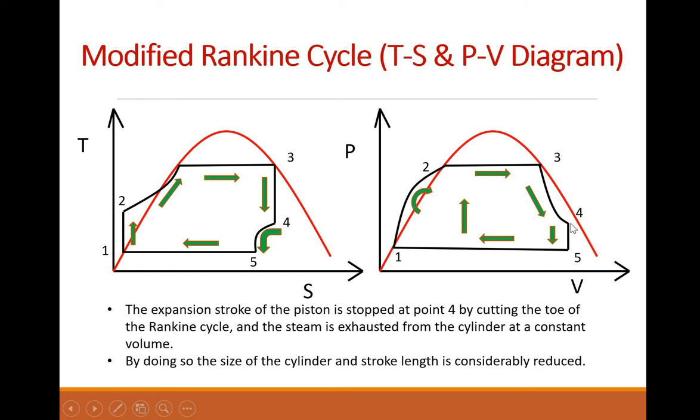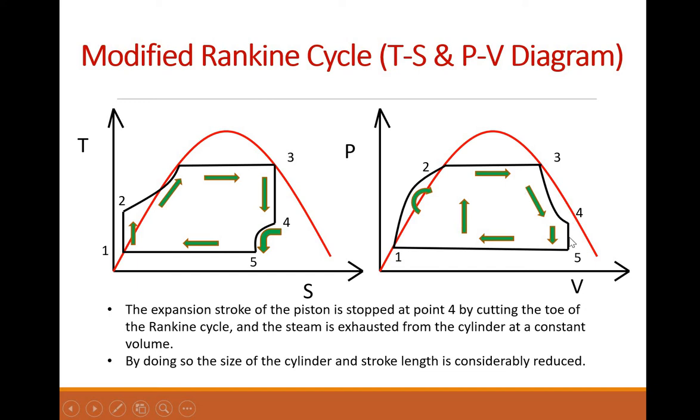We are interrupting the process in between. So from 3 to 4, it is not going to its full maximum limit. We have interrupted the process at 4. That means it is not expanded to that limit, and from that point we start the condensation process. So this is your modified Rankine cycle.